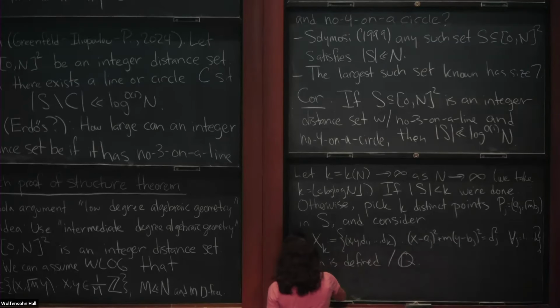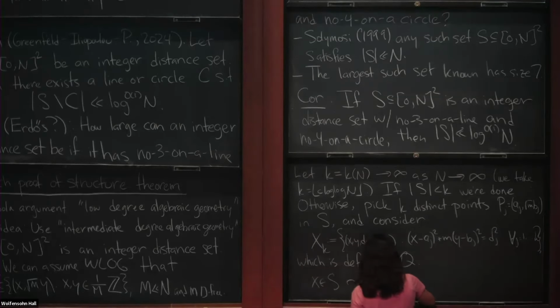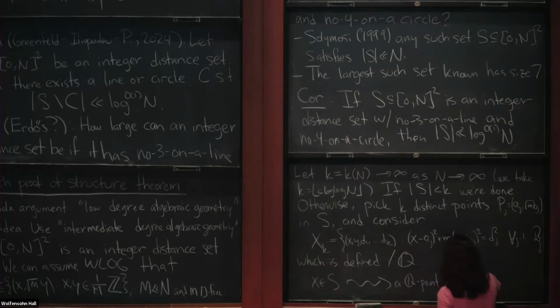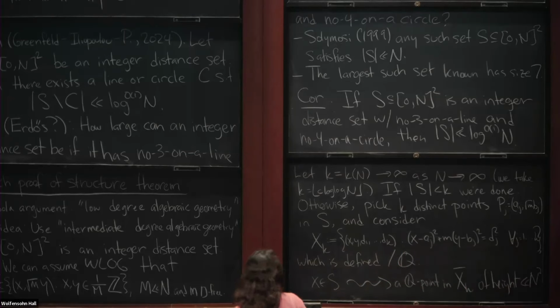So any point in S corresponds to a rational point in the projective closure of X_K of height at most some constant times n squared. So to understand the structure of the integer distance set S, we want to understand the structure of the rational points on this variety.